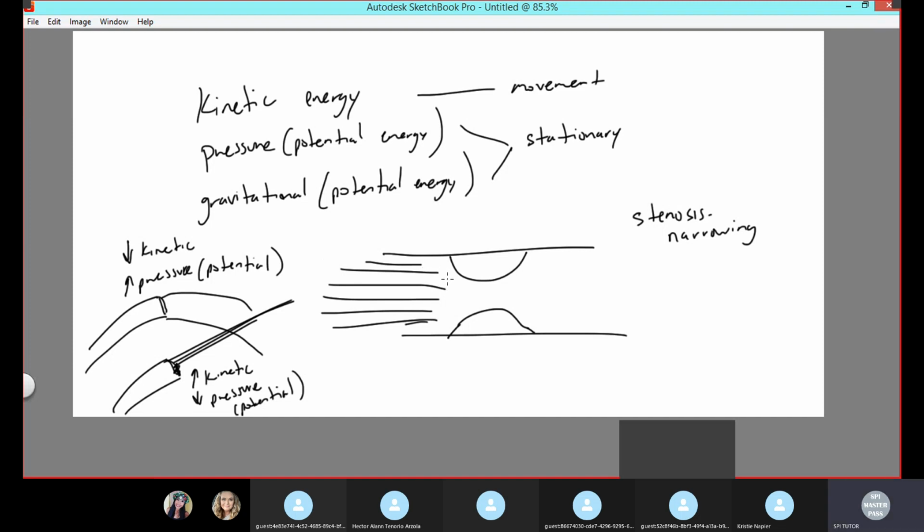So what the hemodynamics, the way that the fluids work is, well, if I have a narrowing, I need to move faster so that that blood that would naturally back up gets through, right? Because if everybody goes at the same pace, then they're going to hit this stenosis, this plaque, and they're going to get backed up.